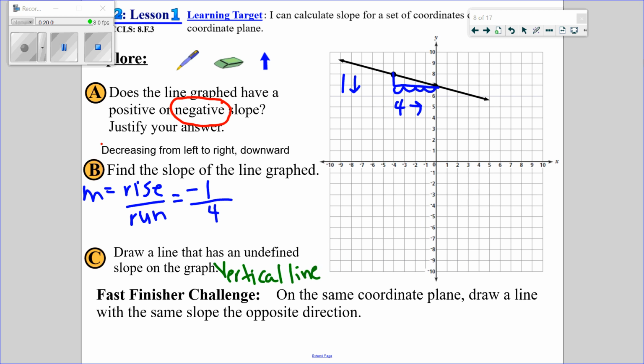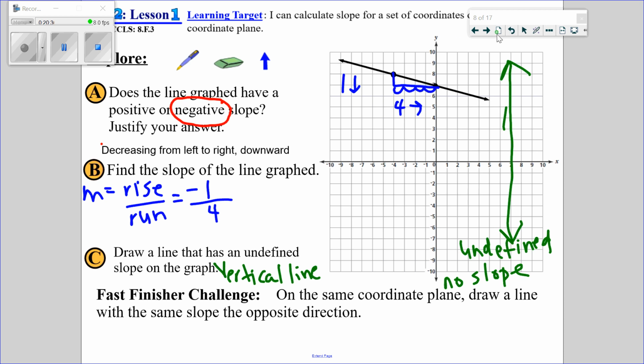I'm going to pick over here. It says anywhere. So I'll draw a nice vertical line here. This is undefined because all undefined lines are vertical. And I would write undefined. And another name for that is no slope. Okay.